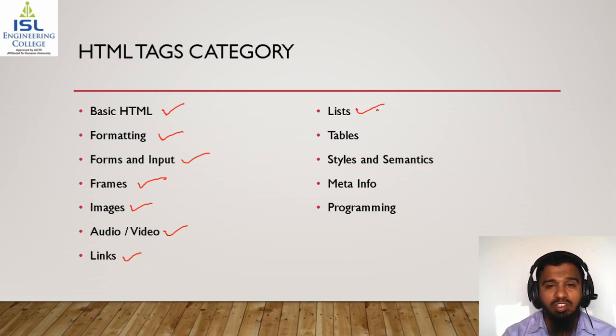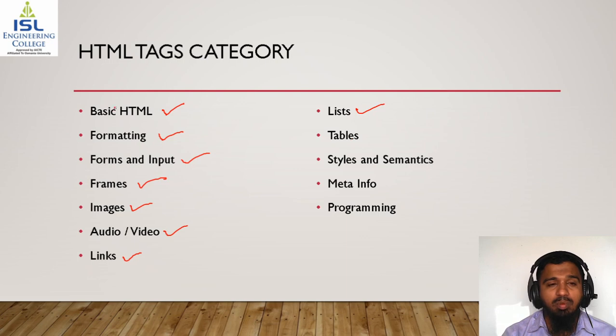And we have lists. When you make a website, you will get two types of list. One is ordered list, another is unordered list. Ordered list is nothing but 1, 2, 3. Like this one, can you see these bulleted points? This is called an unordered list. This is not in the form of order.